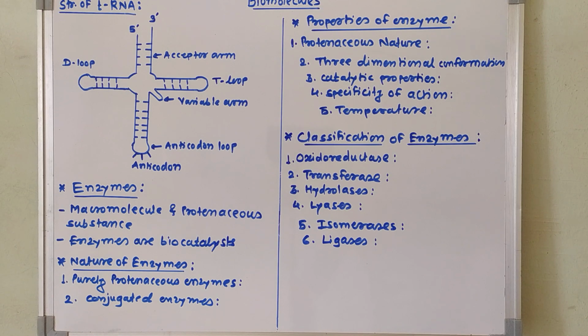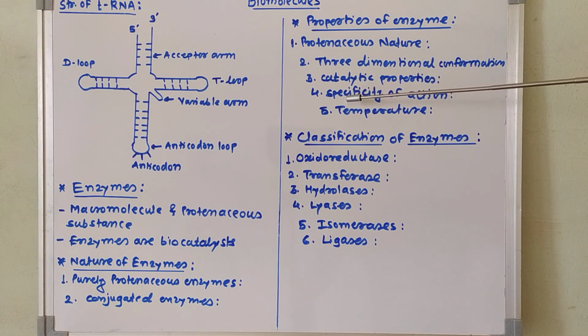Then three-dimensional conformation: all enzymes have a specific three-dimensional conformation and they have one or more active sites. Third property, that is the catalytic property. Enzymes are biocatalysts which speed up the biochemical reaction without changing themselves.